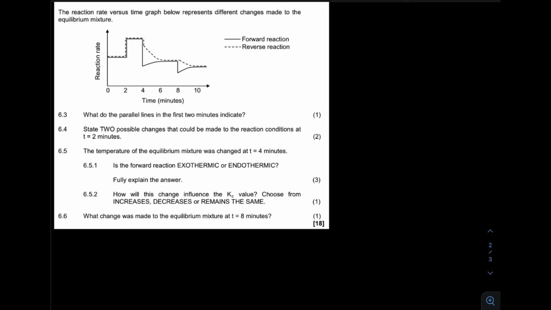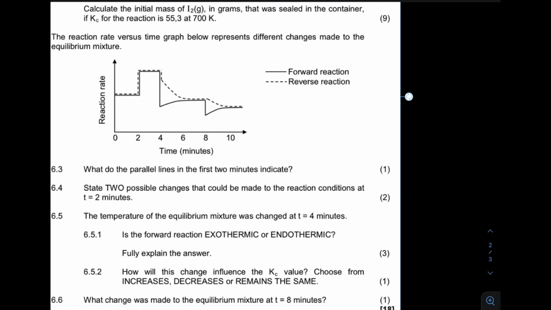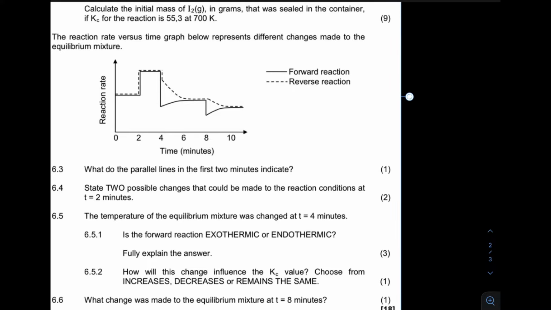Next question. The reaction rate versus time graph below shows different changes made to the chemical equilibrium mixture. Looking at the graph of reaction rate versus time, at 0 minute, both rates of forward and reverse are equivalent there. They're both equivalent up until 2 minutes.